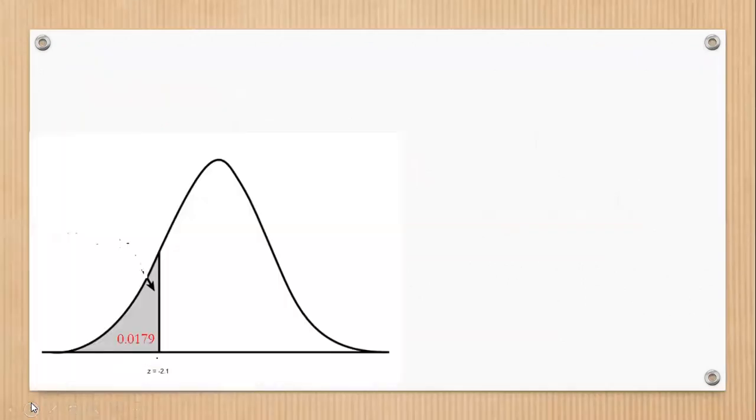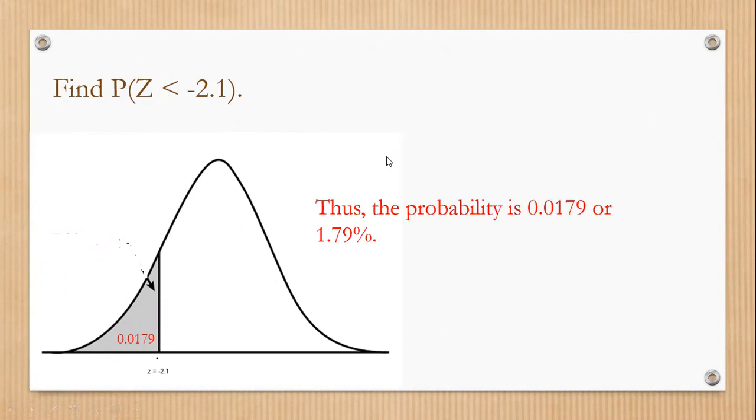Okay, so remember this example that we had for our week 3. So we simply use the word to the left of z, which is equal to negative 2.1. In symbols, this is read as find the probability of z less than negative 2.1. Okay, so this is the conversion of the words we had with this example for week number 3. So how do we do that?